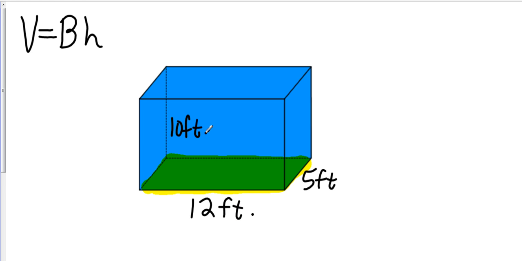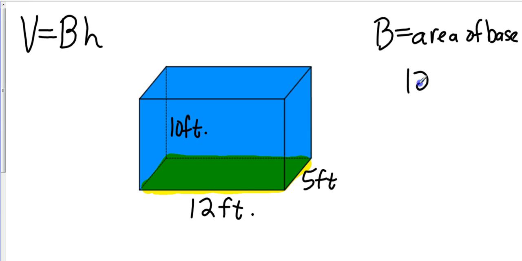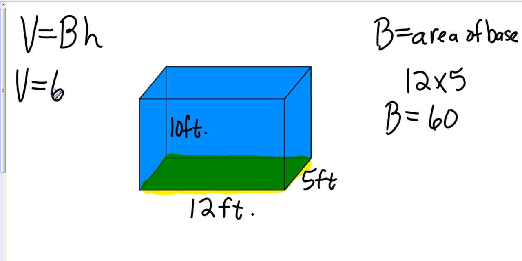So if I'm going to find the area of the base, again, because B equals area of the base, area is going to be base times height, and so that's going to be 12 times 5, which gives me 60. All right, so my capital B equals 60. So volume equals 60 times the height, which in this case is going to be 10.